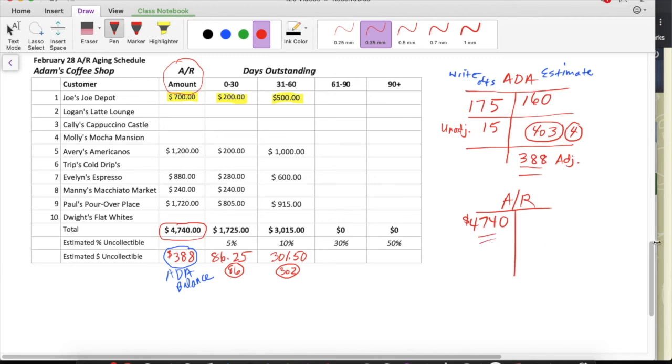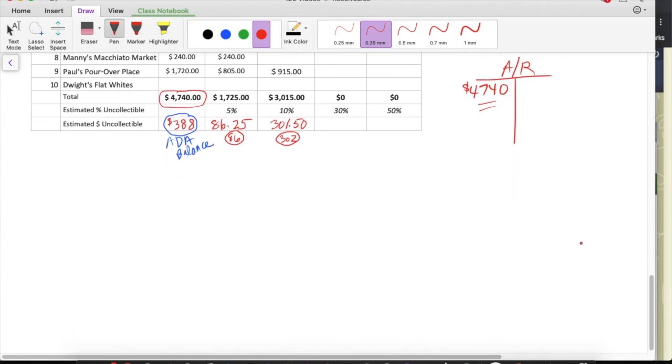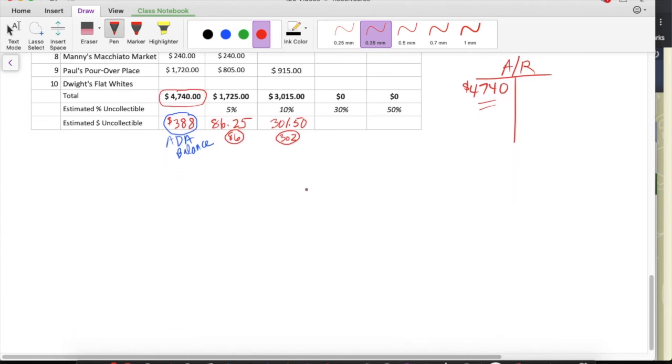So, at the end of February, what will my financial statements look like? What will my balance sheet look like with regard to my receivables? I'm going to have assets on my balance sheet. Underneath of that, I'm going to report my current assets. First of which is always cash, which again for this illustration we don't have a number.